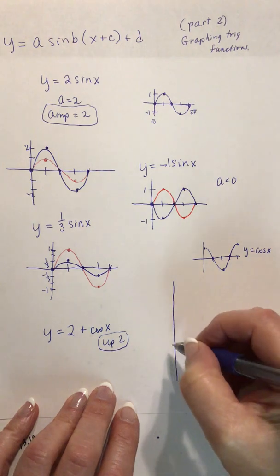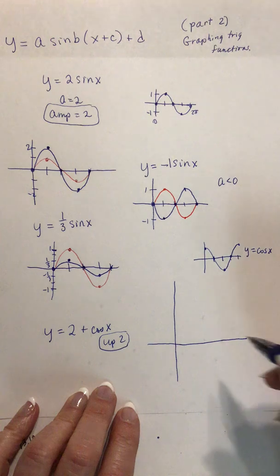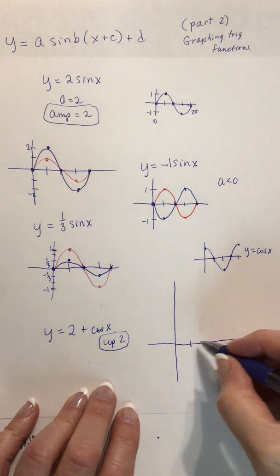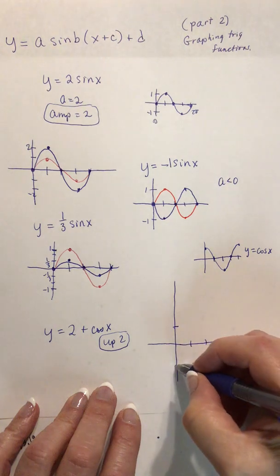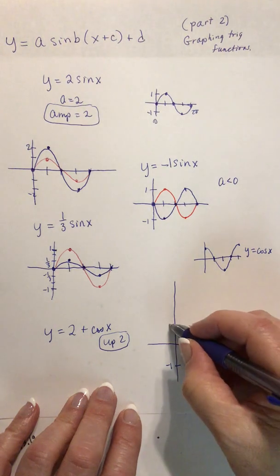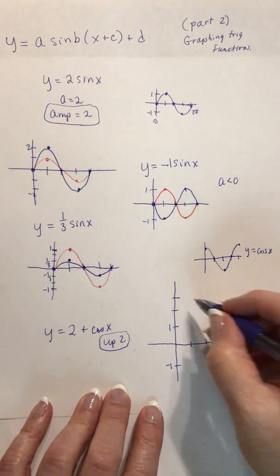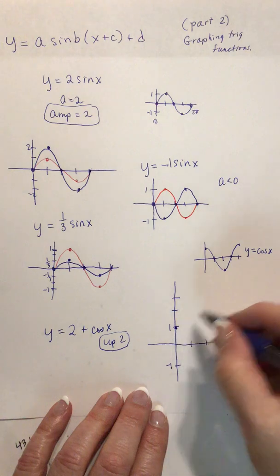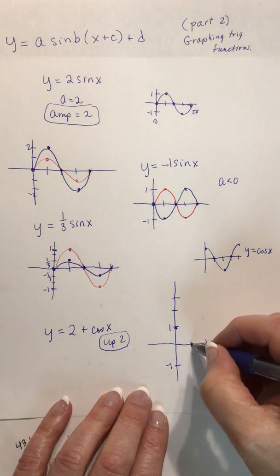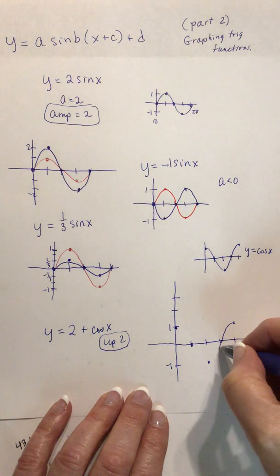So we're going to start with our graph. Here's 1, and here's -1. So we have, starting at 1 for our original graph, it looks like this. Comes down here like this. So this is our original graph.